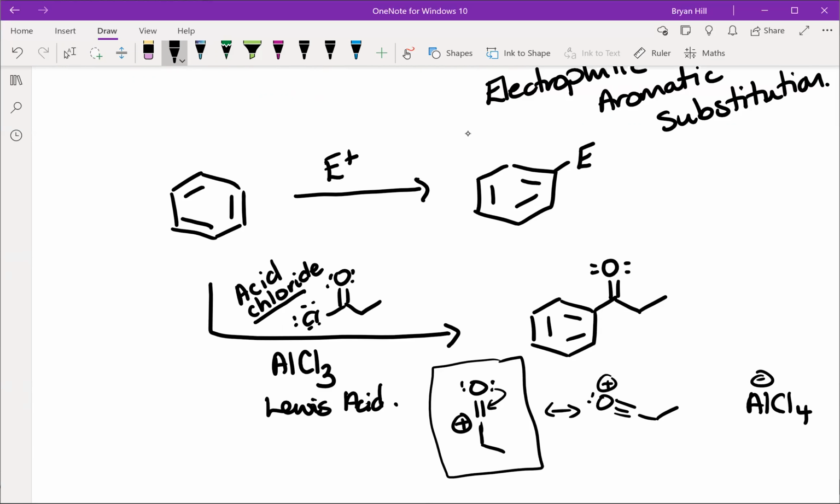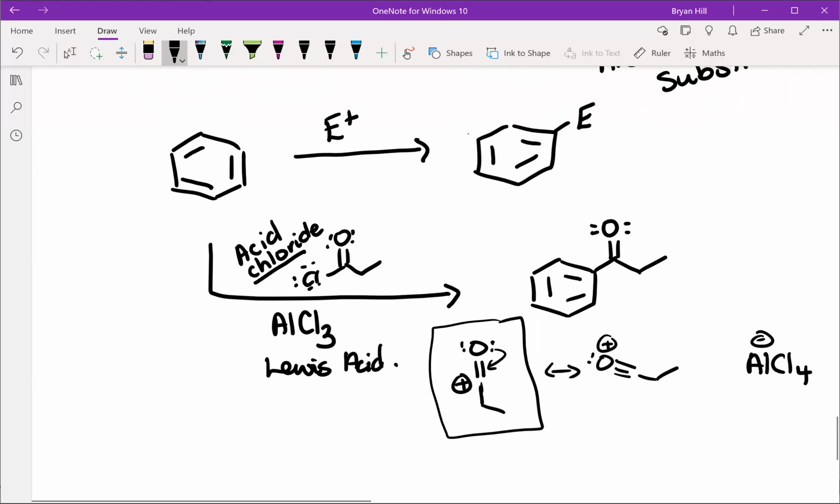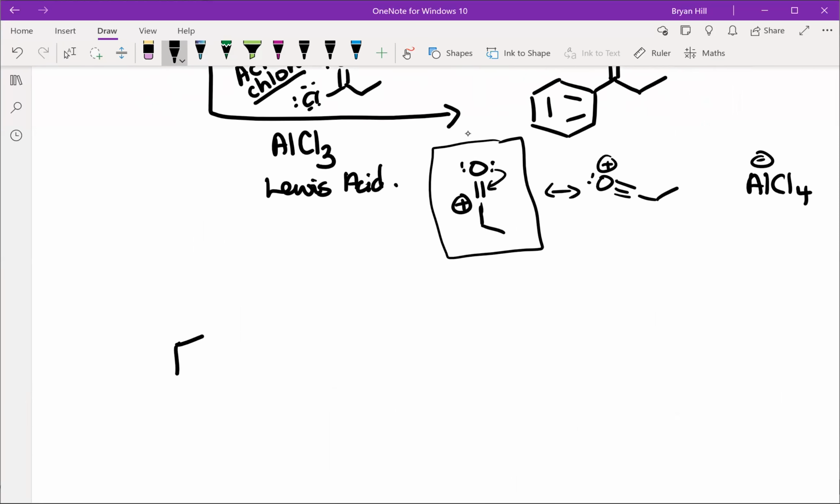So aluminum would complex with the chlorine, then the oxygen would boot it all out. You'd end up with a positively charged electrophile, a really strong electrophile. And then I could draw the mechanism like this. If you've got this, the ring attacks, these electrons go up.